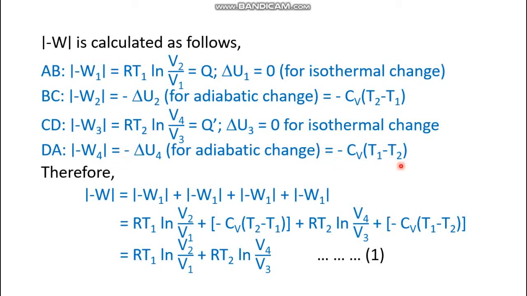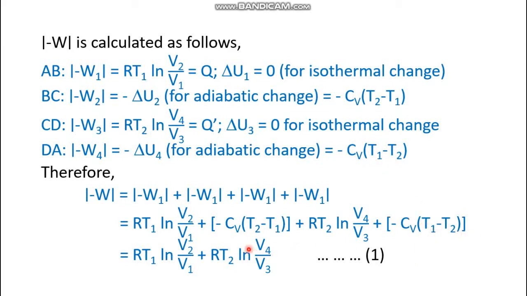Therefore the overall work done, modulus of minus W, is the summation of the work done in all 4 steps, and these values are given: RT1 ln V2 by V1, then minus Cv into T2 minus T1, then RT2 ln V4 by V3, and finally minus Cv into T1 minus T2.